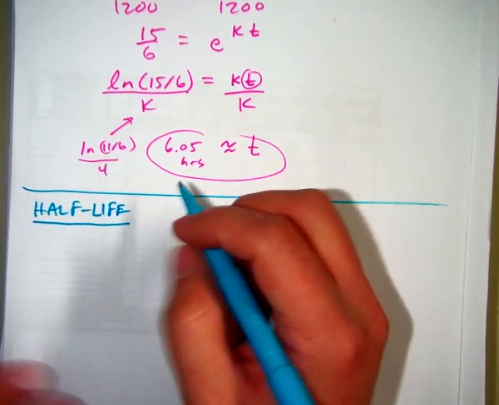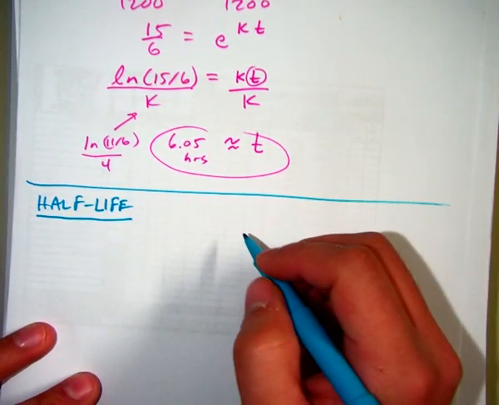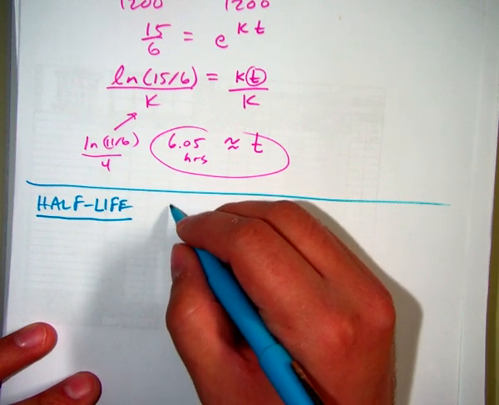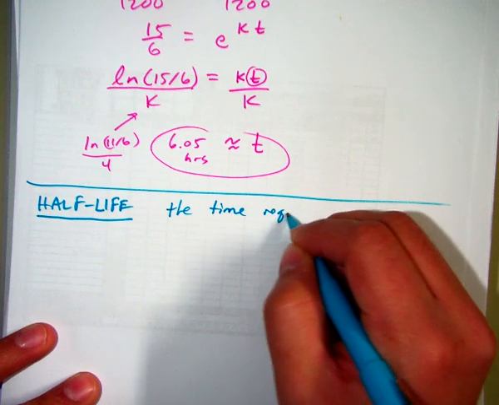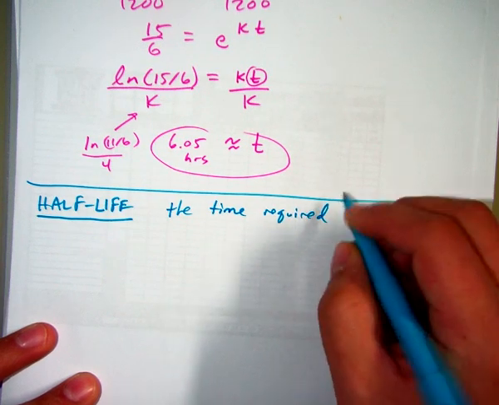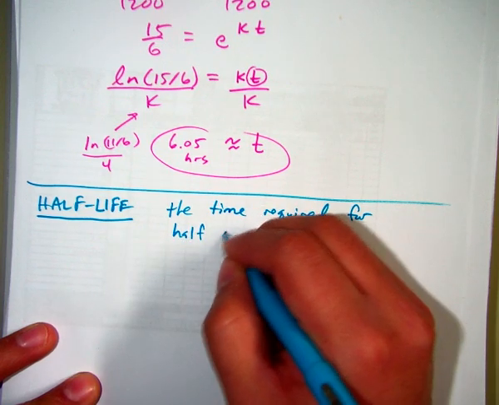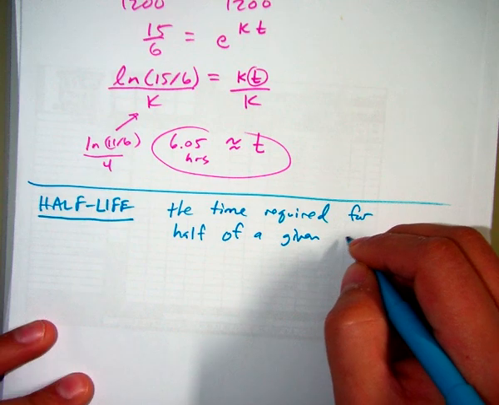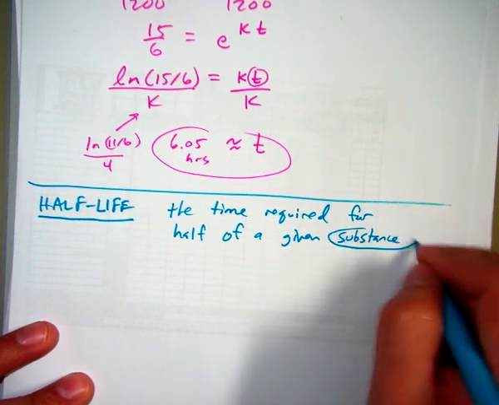If you go to the half-life section, you'll see some spaces there. Go ahead and write down the definition, which is the time required for half of a given substance, and actually, this could be anything.